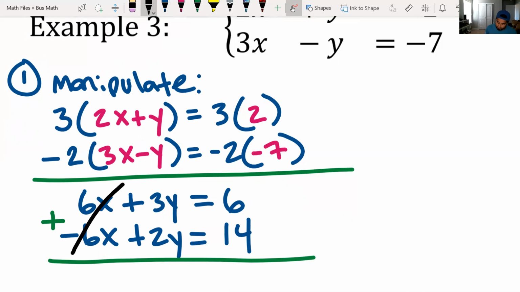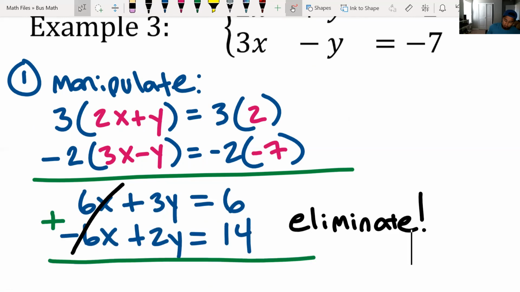Eliminate. I guess I should put this here. Eliminate. So we're eliminating. We have manipulated to eliminate, and now we add them to eliminate.